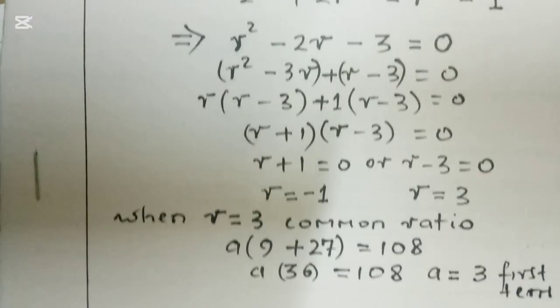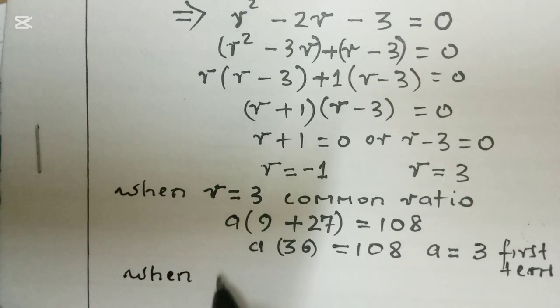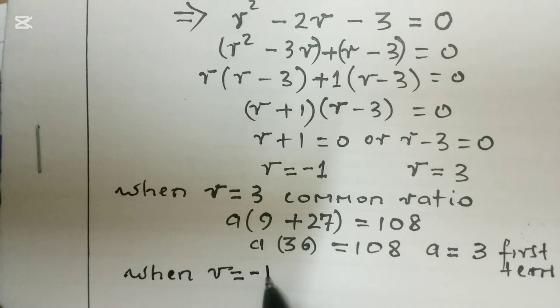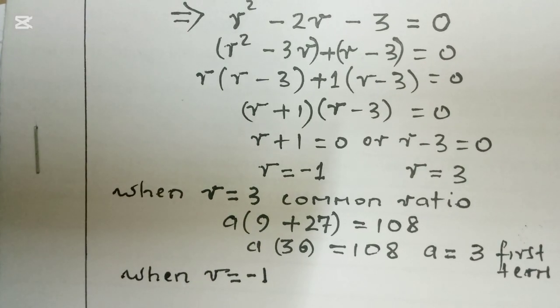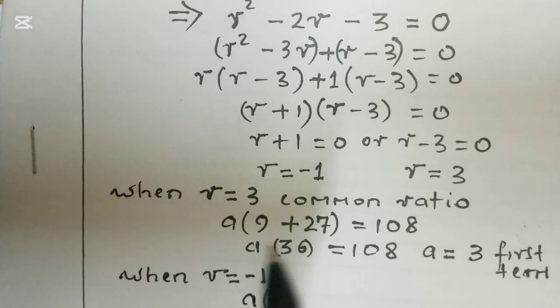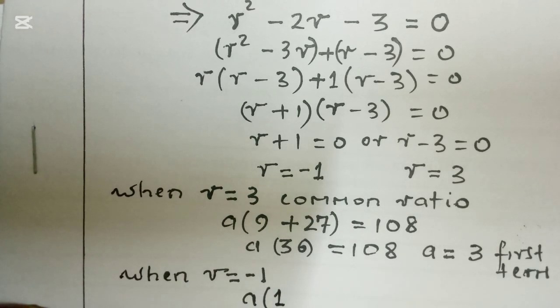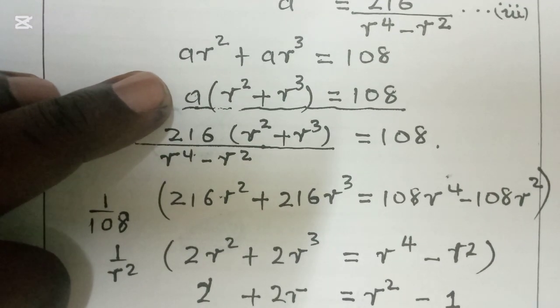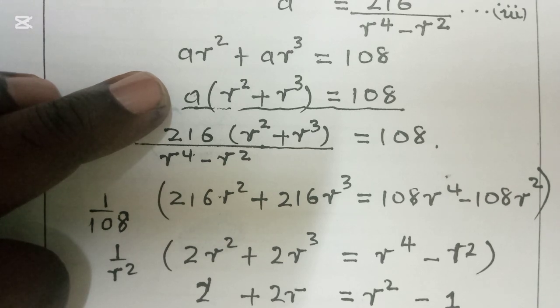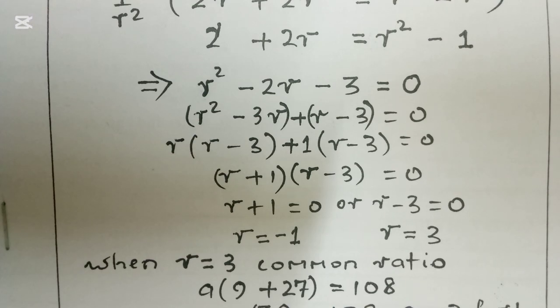Let's try this now when r is equal to -1. With that one, we shall have a here. Then we have r squared, which now gives us 1. Then plus, and this is what we are following, guys, we shall have plus -1 raised to 3. That one gives us -1.